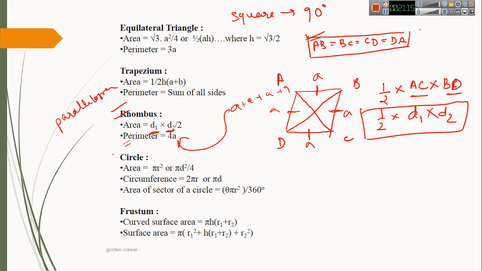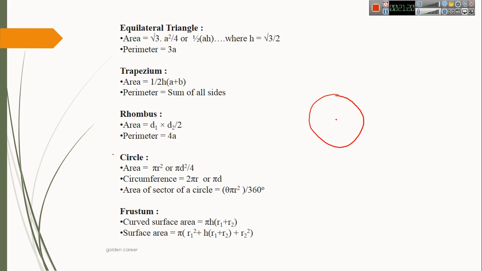Now we have circle. If O is the center of the circle and this is the distance from the center to its boundary, then this distance is called radius.